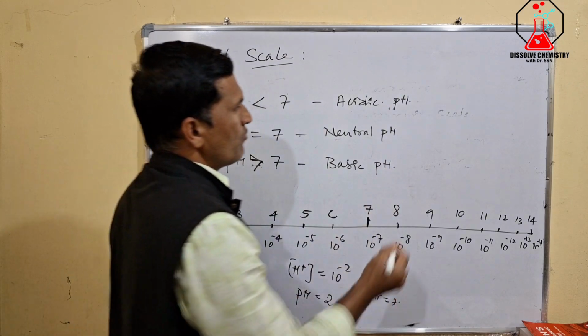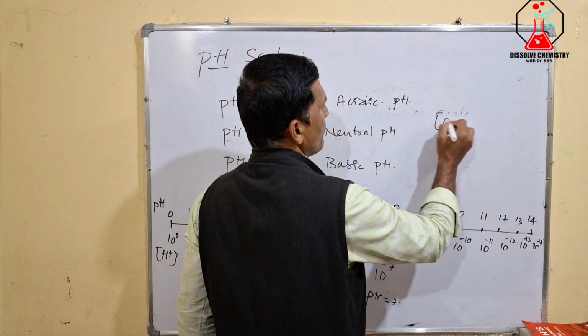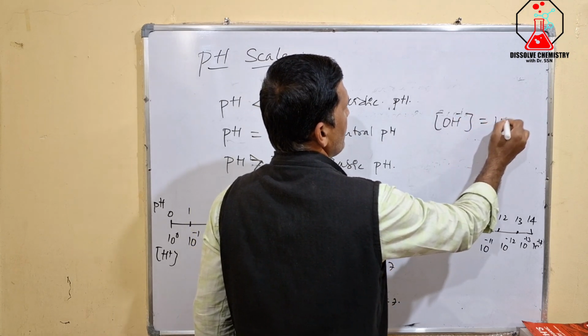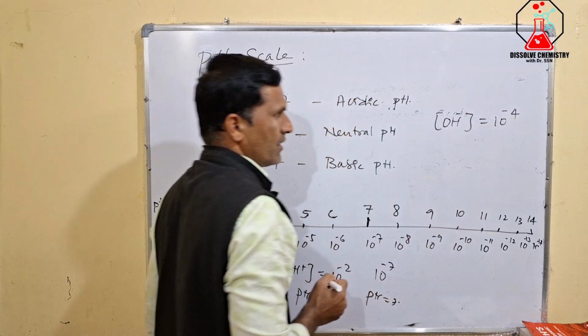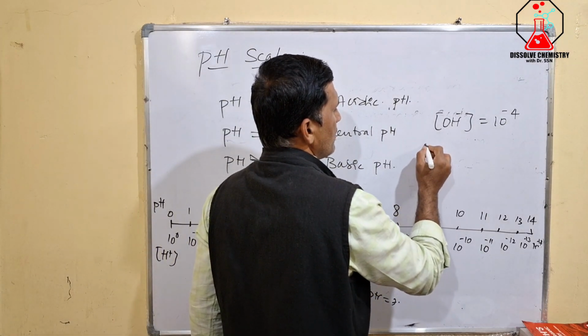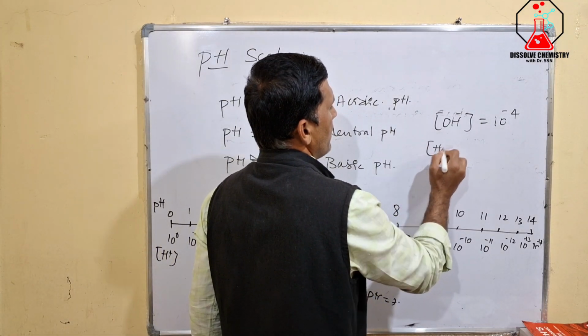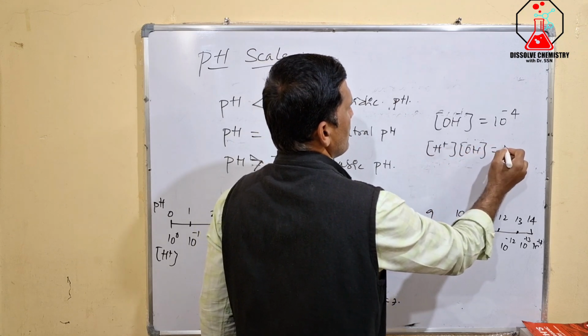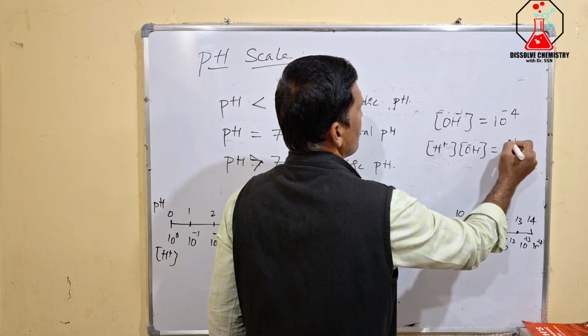Okay, now for example, if the OH minus ion concentration is equal to 10 to the power minus 4, then we know from the ionic product of water, which is equal to what? H plus into OH minus is equal to how much? 10 to the power minus 14.